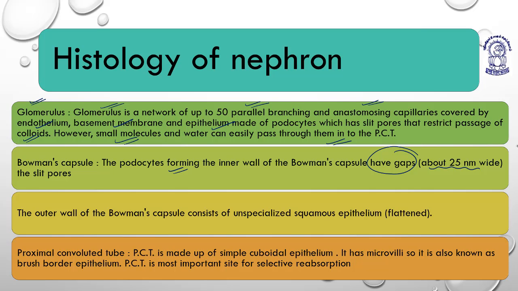The arrangement or the flow I will tell you in the next coming slide. The outer wall of the Bowman's capsule consists of unspecialized squamous epithelium, which is flattened. The outer wall or the parietal wall.